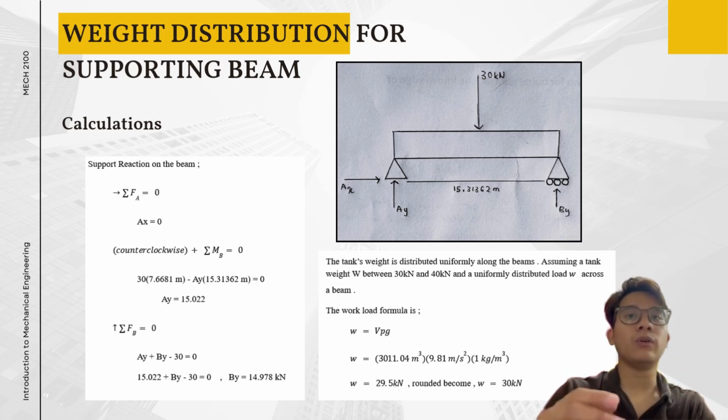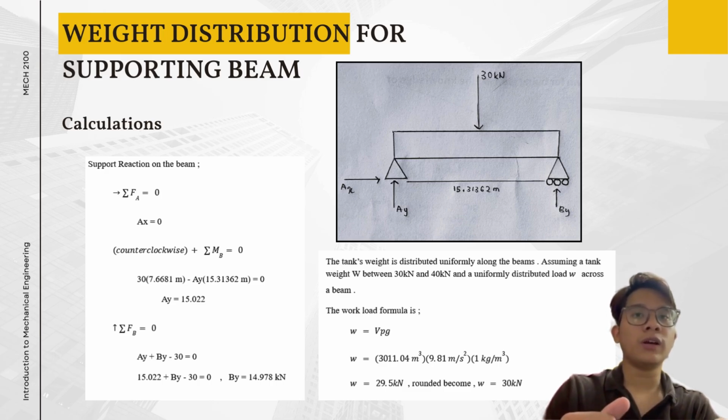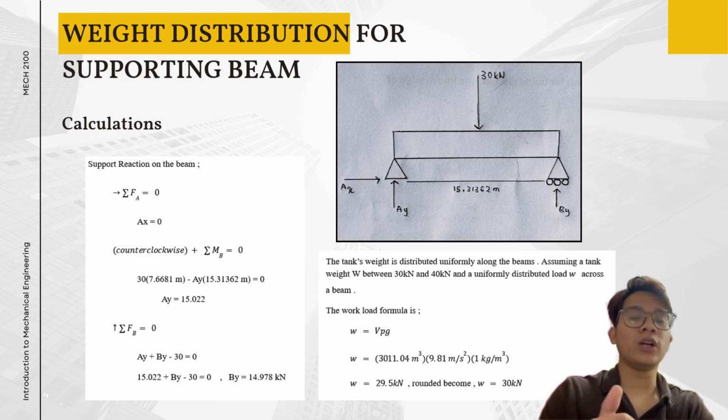So W equal to, we substitute the new volume that we calculated before, 3011.04 meter cube, the gravitational acceleration is 9.81 meter per second square, and the density is 1 kilogram per meter cube. So we got the workload equal to 29.5 kilonewton, and we rounded it to 30 kilonewton.